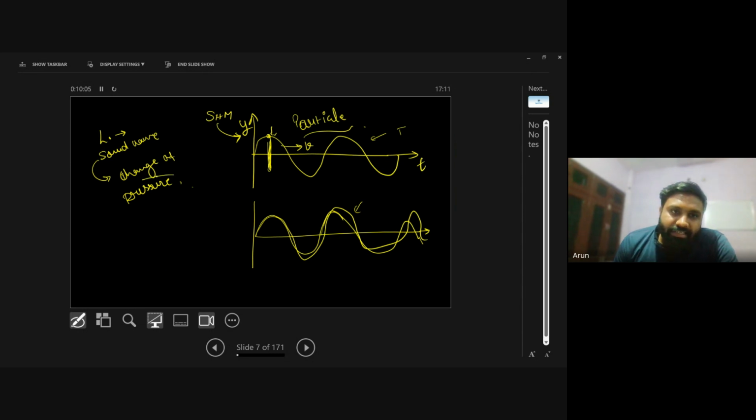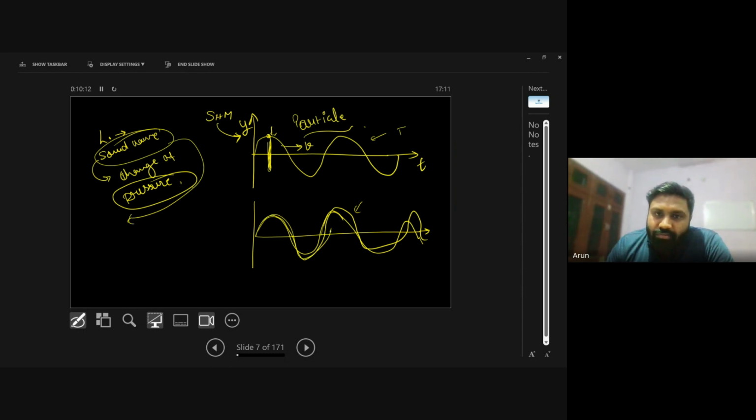If the variation in pressure in a sound wave follows simple harmonic motion, we can represent this also as a longitudinal wave. But at that time, these are not the particles. This is the pressure or density or whatever physical term you are observing with respect to time.